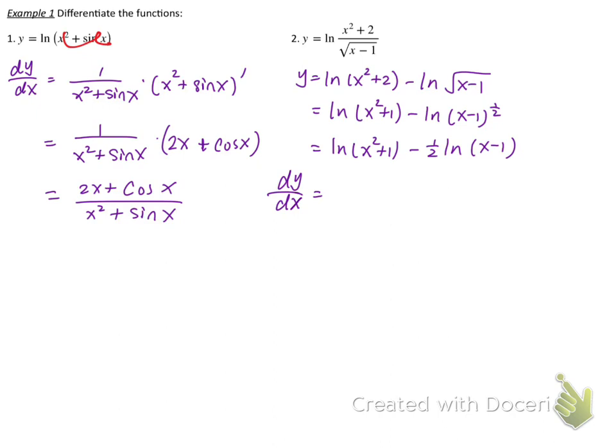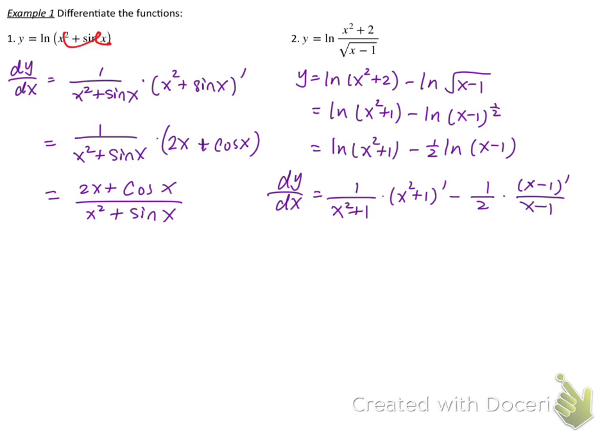So when I take the derivative again, each of the inputs is like a u. First, I get the reciprocal of the input of ln, x squared plus 1, followed by the derivative of the input. Similarly here, I will have x minus 1 as the denominator, times the derivative of x minus 1.